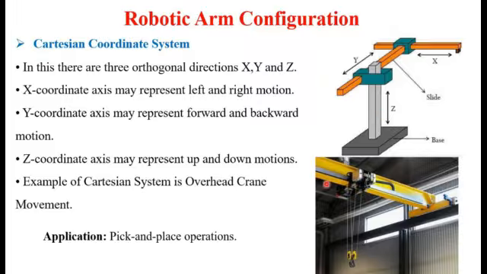The movement of this overhead crane is based on the Cartesian coordinate system. It will move up and down, then slide along the z direction, y direction, as well as the x direction. An application of this type of configured robot is pick and place robot operation.